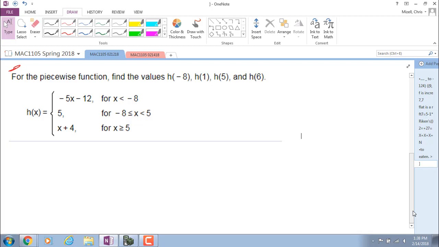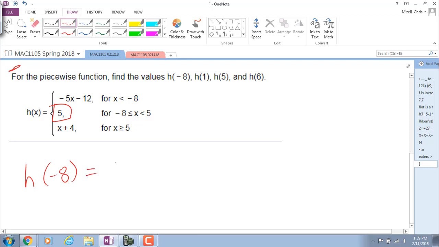No. Could you say -8 is between -8 and 5, possibly including -8? Sure. It's in the middle piece of the domain here. So for this one, and this one can be a little tricky, H of -8, we're using this rule, because -8 is in the middle interval there.